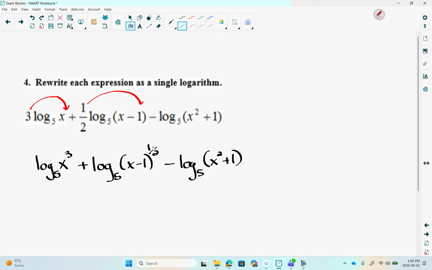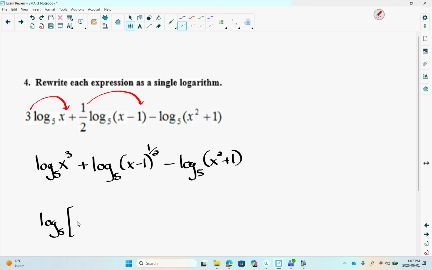So you could replace that 1/2 with a square root symbol if you like. But when I go to write this as a single logarithm, here's what I'll do. I'll write log 5. And I can only do this if all of these bases are the same. I can use my product quotient, and I've already undone the power law of logarithms.